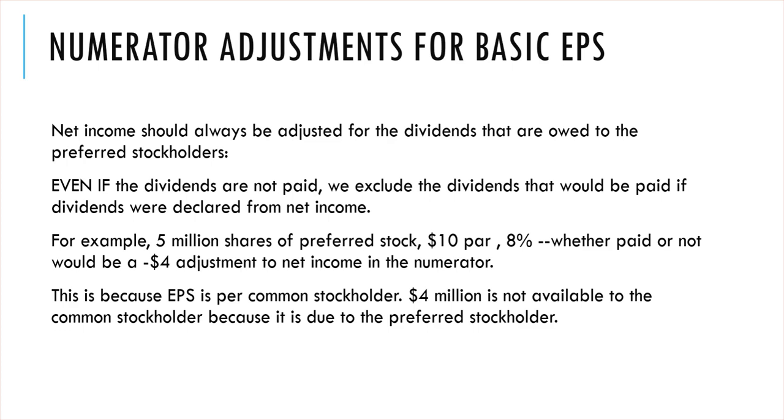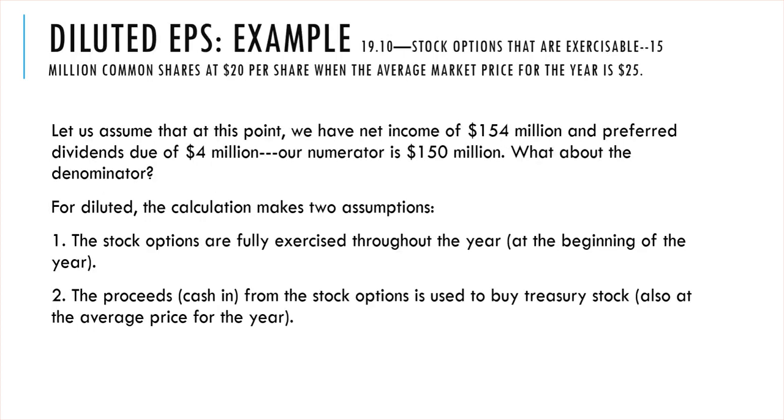Numerator adjustments: net income should always be adjusted for dividends that we say are owed, even if the dividends are not paid. So going back to that 5 million shares, $10 par, 8%, you need to put in that adjustment as a reduction in net income, because we're talking about common shareholders and not preferred.